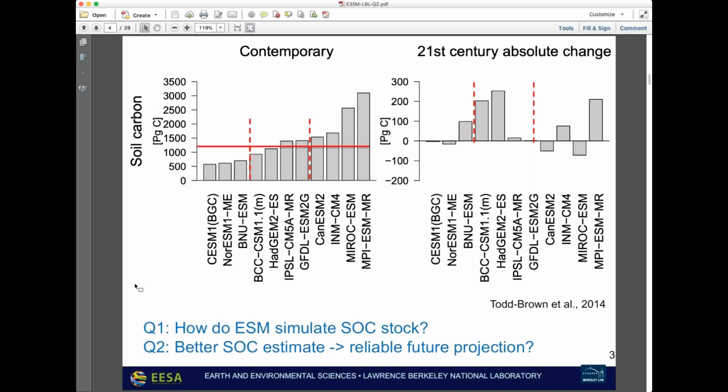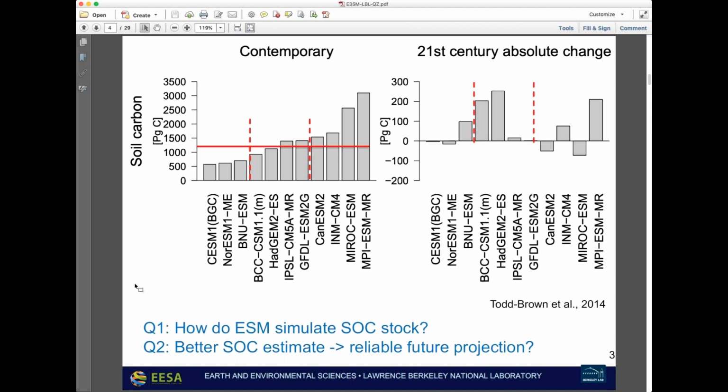And then we might ask, because we want to use those Earth system models to project the future climate or future carbon accumulation over the land surface, do those Earth system models that give us a better SOC estimate at present day also give us a consistent and reliable future projection?